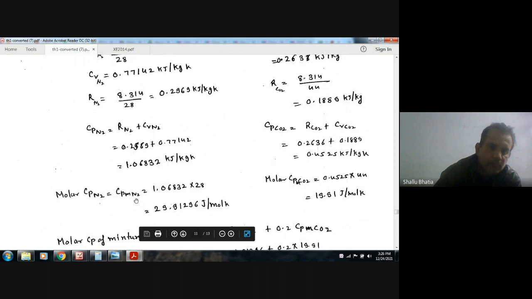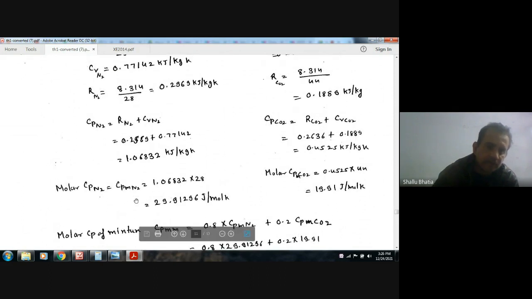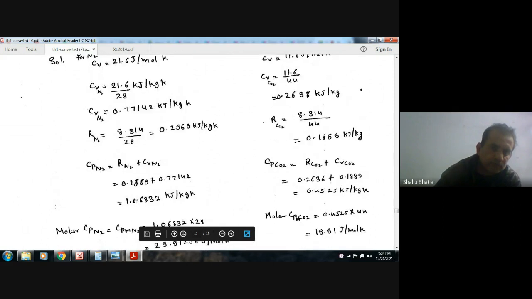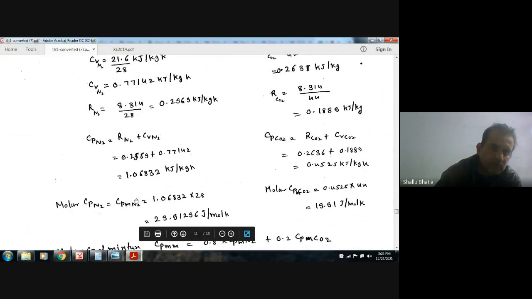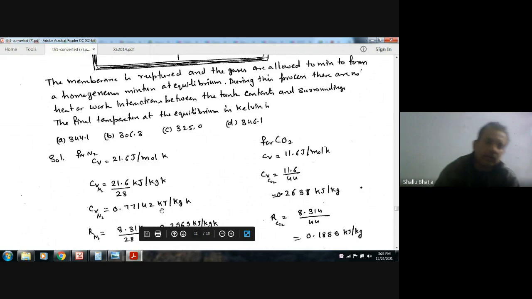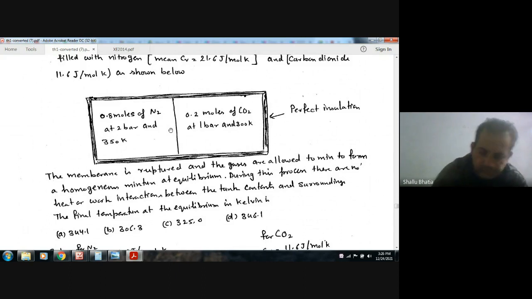Now this is Cp of N2, in kilojoule per kilogram. When these are mixed, we have a mixture of N2 and CO2, and then we have to calculate the Cp of that mixture also.